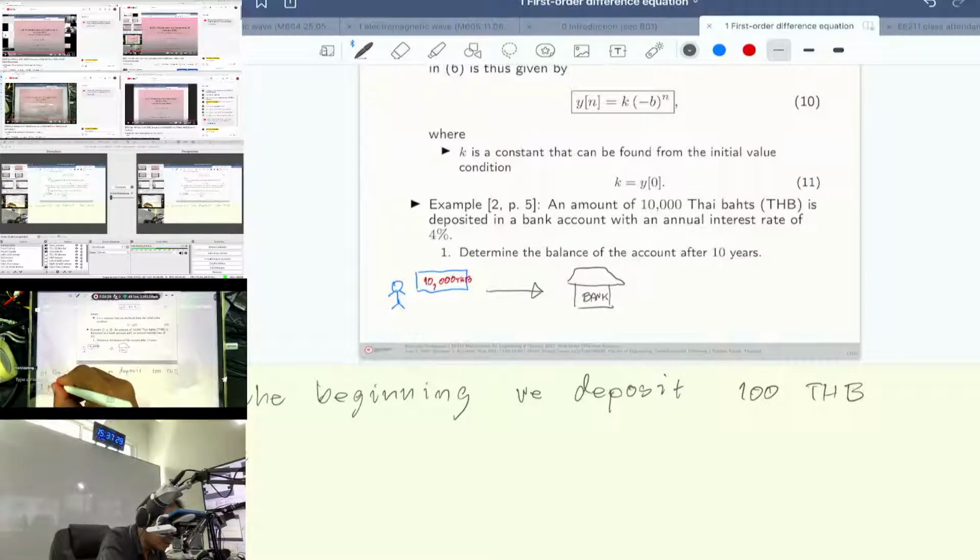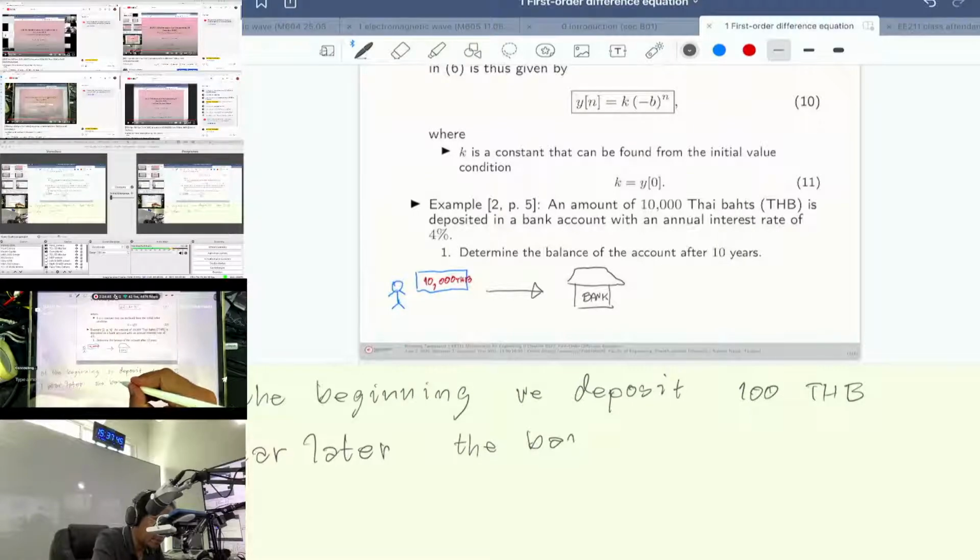later, after 1 year, the bank will give us 4 baht more, right?